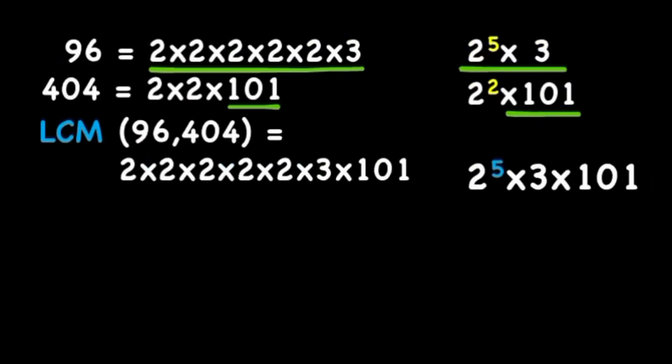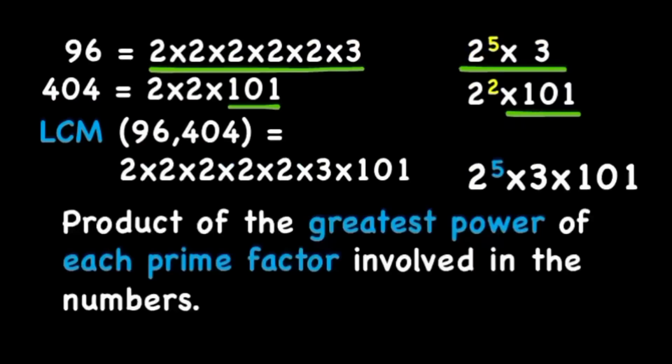So for LCM, you take all the prime factors, not just the common factors, and in the common factor, we take the greatest power for LCM. That is, LCM is the greatest power of each prime factor. For HCF, you take only the common factor and the smallest power. For LCM, we take all the factors and just the greatest power.